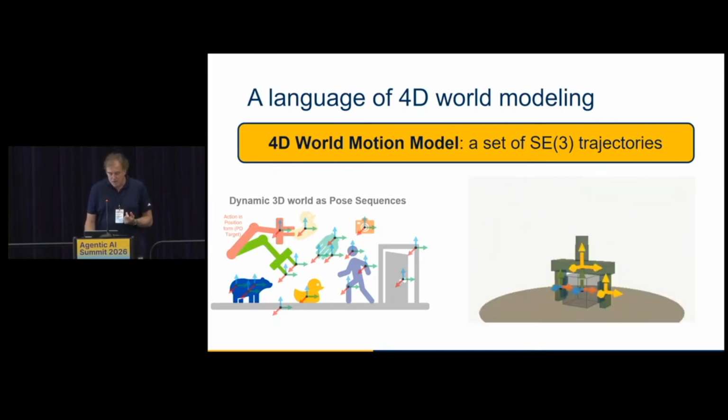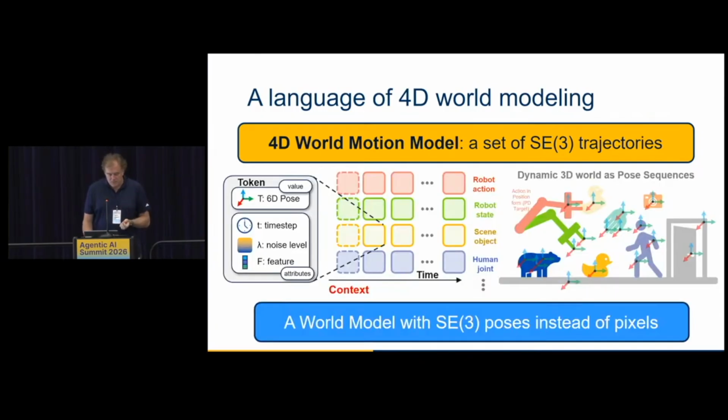And ours is the first very general framework for predicting and completing and eventually doing things like MPC over this representation. So we have a general model where we've tokenized the 6 degree of freedom pose frame and have it stacked over time with multiple different reference frames, one corresponding to all the different objects or rigid portions of a body in the scene. So this is a world model over SE3 poses.